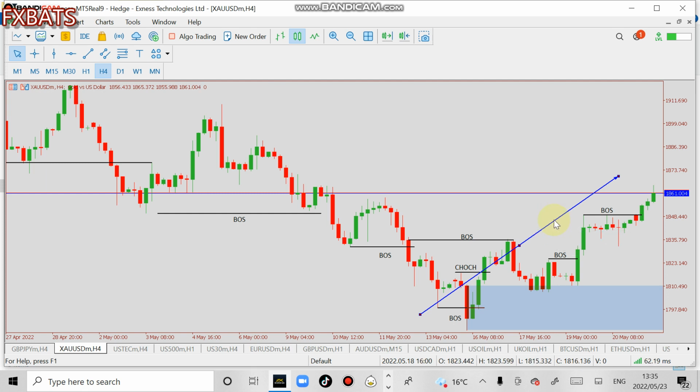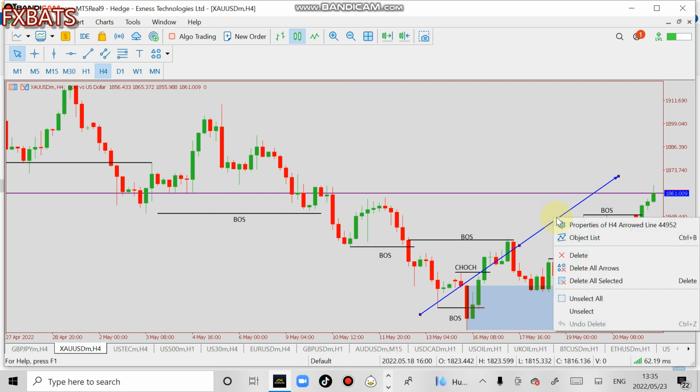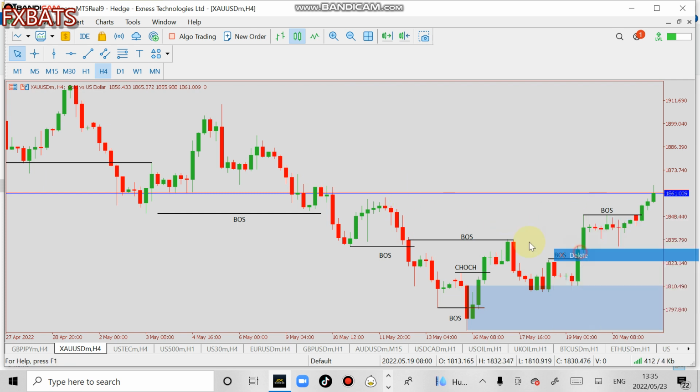They're literally there to grab liquidity from the previous order blocks. The type of liquidity I'm talking about is the internal liquidity, which was left when the market was dropping or dipping.